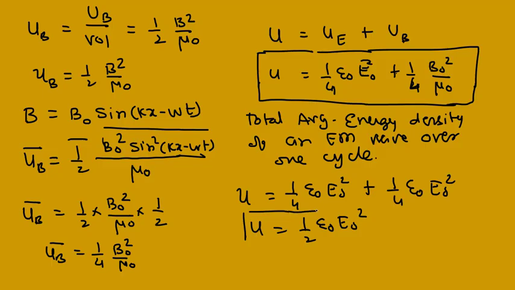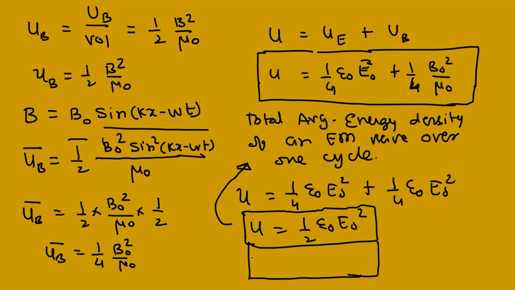This also gives me the total average energy density of an electromagnetic wave over a cycle. And I could also write this in terms of the magnetic field by writing U is equal to half B naught squared by mu naught. Both of these will give me the total energy density.